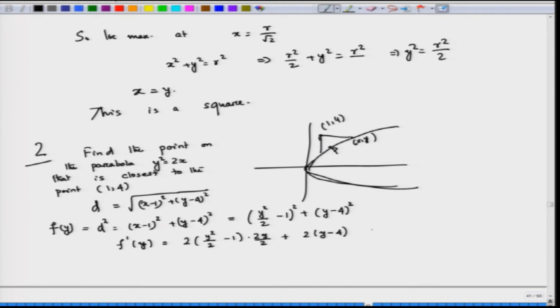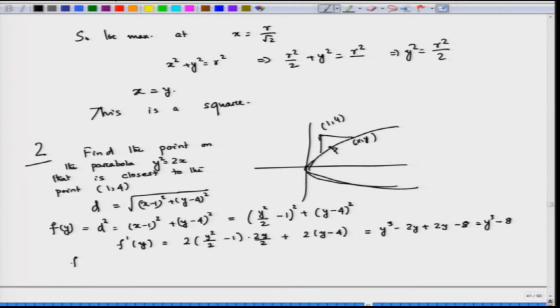So, the 2 gets cancelled, and this is y cube minus 2y plus 2y minus 8, which is equal to y cube minus 8.